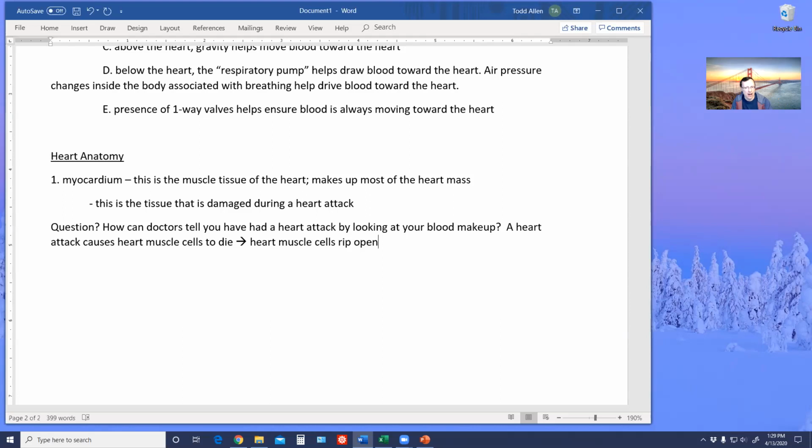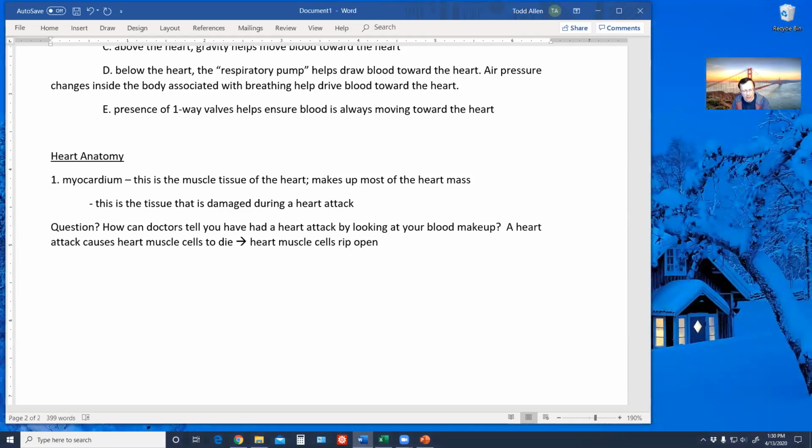The labs at the hospitals have the ability to detect molecules that should never be found in healthy blood, but are only found in blood because the molecules have been deposited into the blood after the muscle cell ripped open, kind of like a balloon popping. So the content of the muscle cell starts showing up in blood chemistry.